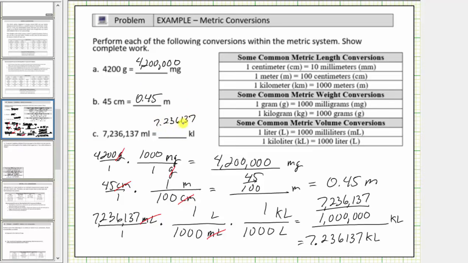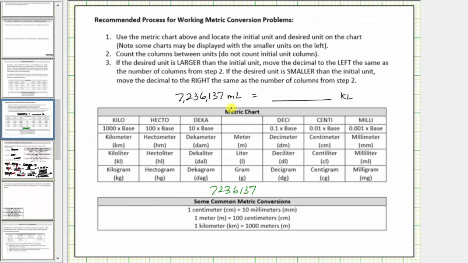Let's confirm this conversion using our table. We are converting milliliters to kiloliters, so we first locate milliliters, which is in the rightmost column, and then we locate kiloliters, which is in the leftmost column. To move from milliliters to kiloliters, we have to move 1, 2, 3, 4, 5, 6 columns to the left, which means we can determine the number of kiloliters in 7,236,137 milliliters by moving the decimal point to the left 6 places.